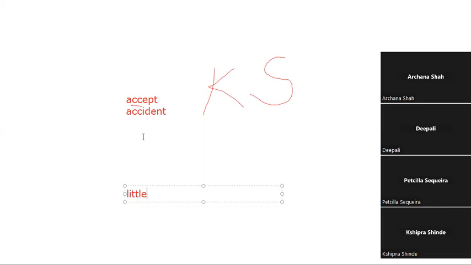But why in the words access, accept, accident, do we have two sounds from two same letters? When two same letters are coming, we are giving two sounds. Why? Because one C is hard and one C is soft.